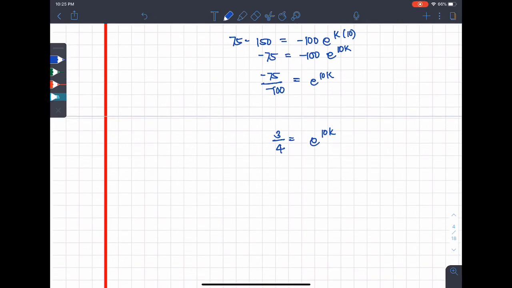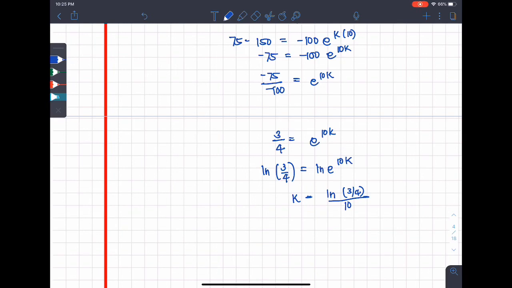Taking the logarithm of both sides, ln of 3/4 is equal to ln of e raised to 10k. And then giving us k to be equal to ln of 3/4 all over 10. Okay, so that is the value of k.